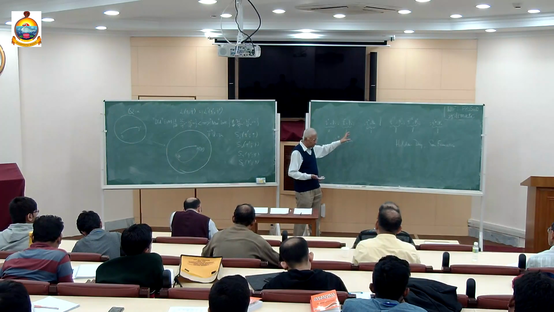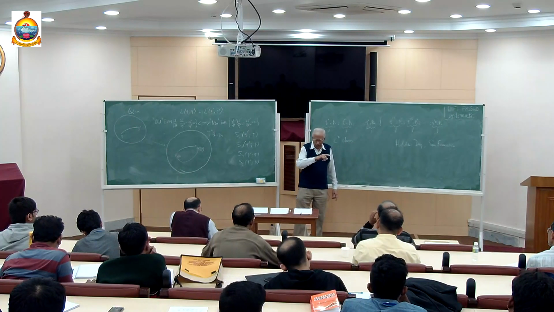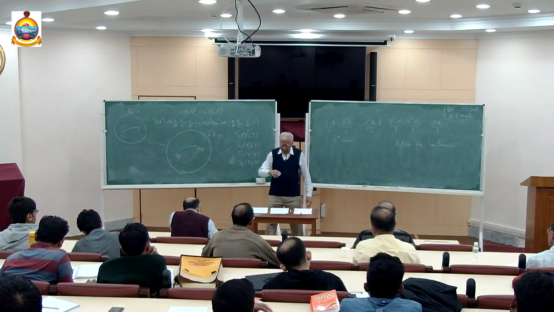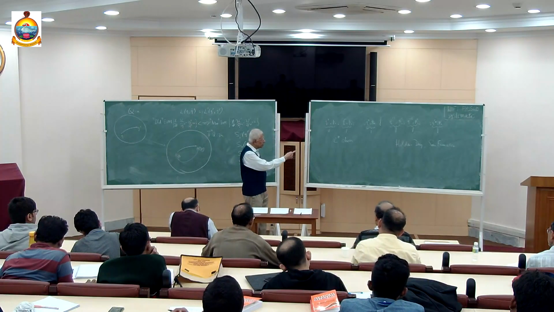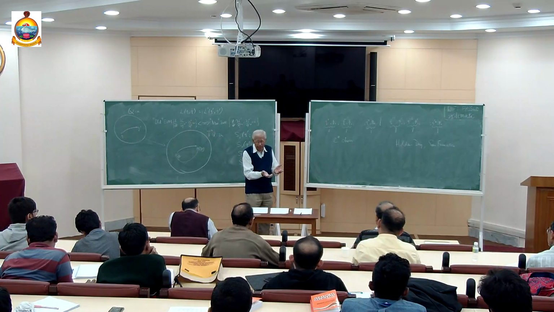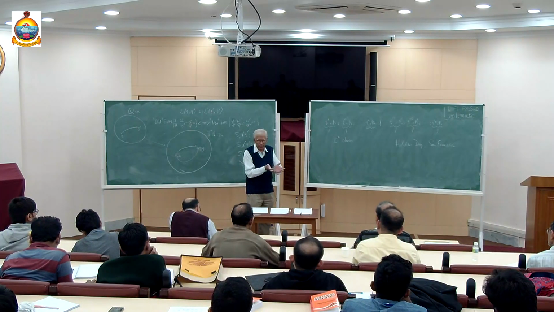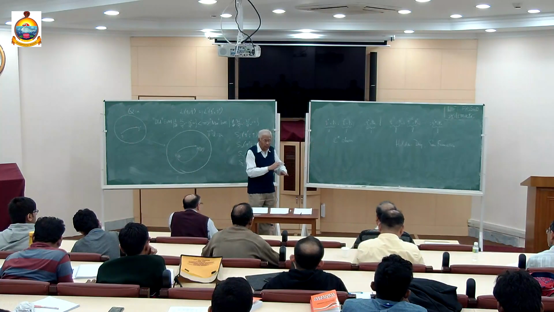Definition 1 in terms of Poisson brackets, definition 2 in terms of this differential expression. The second one we exploited to bring out a way of constructing canonical transformations. So the definition leads to a way to construct them, and this Carathéodory theorem completes that development.